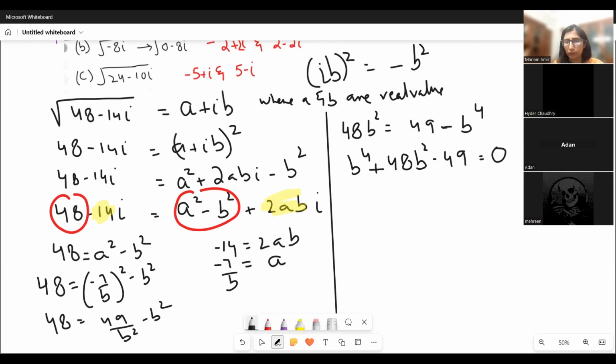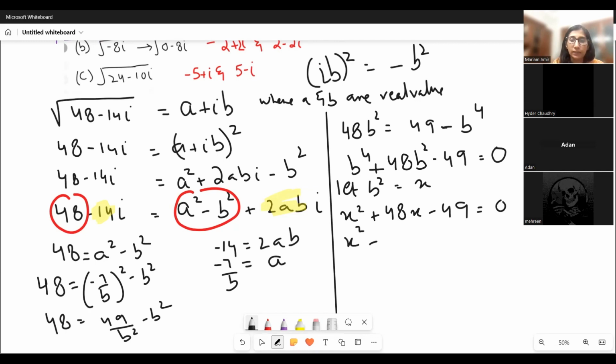No, ma'am. Okay. So this is a hidden quadratic equation. Let b square equal x. So we have x square plus 48x minus 49 is equal to 0. So we could factorize this.